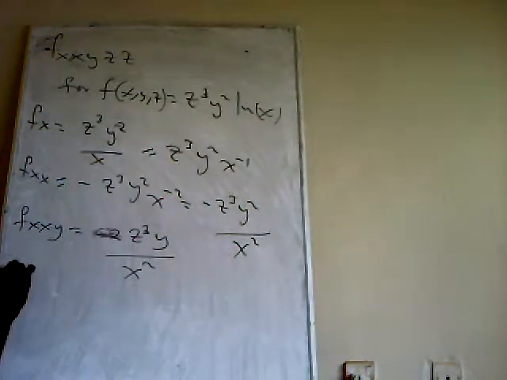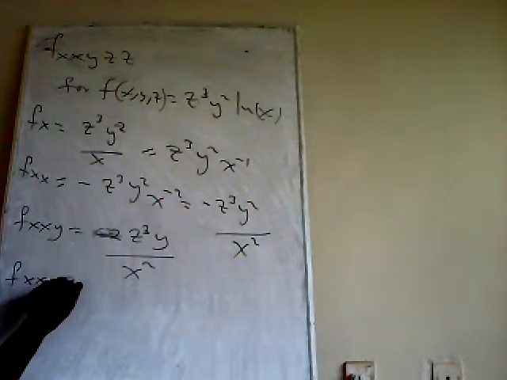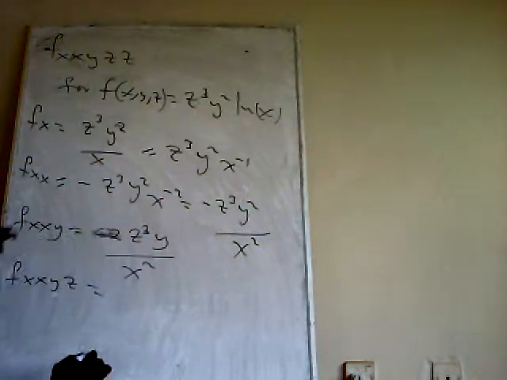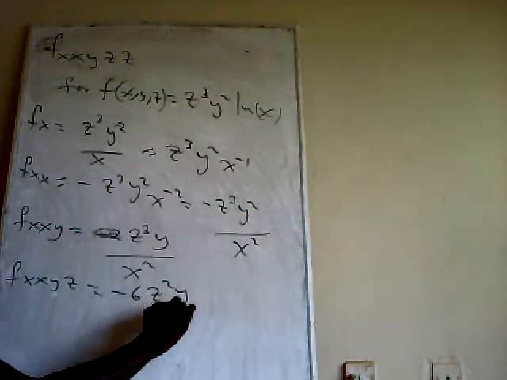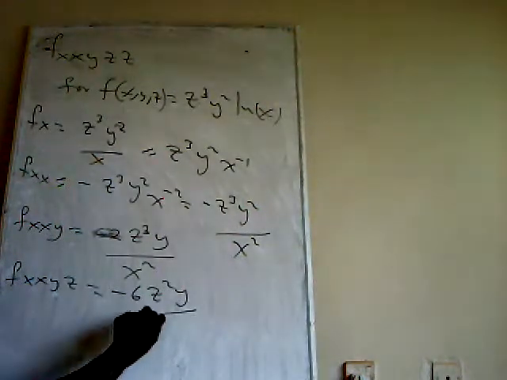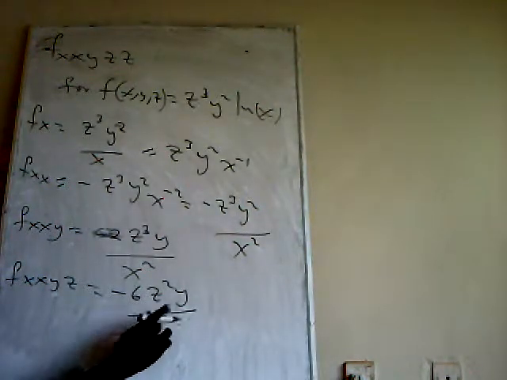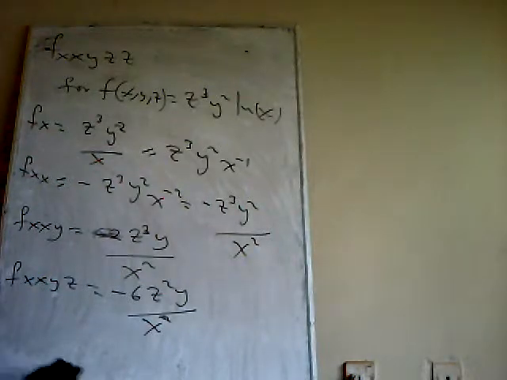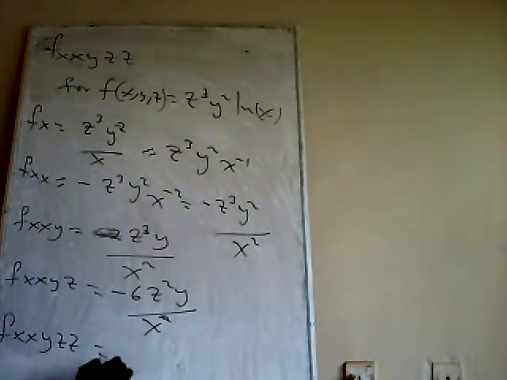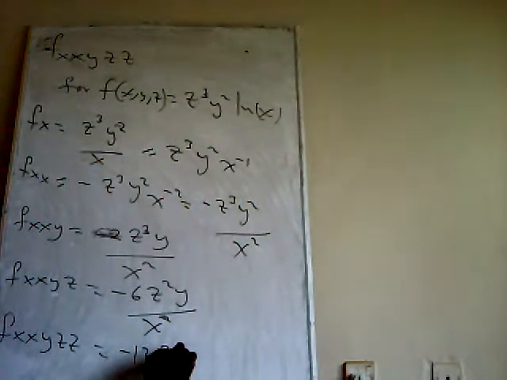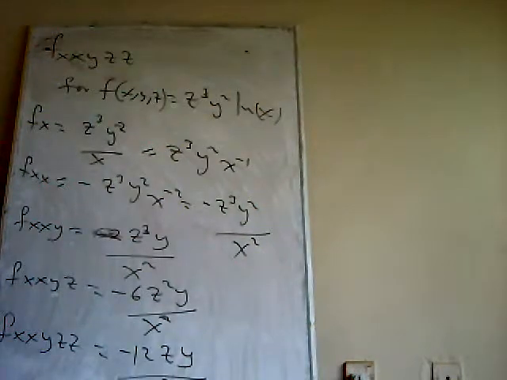And I can now find fxxyz. Differentiate this with respect to z, and I have minus 6 z squared y all over x squared. And now I can find my fxxyzz. Differentiate this with respect to z now, and I get minus 12 z y all over x squared.